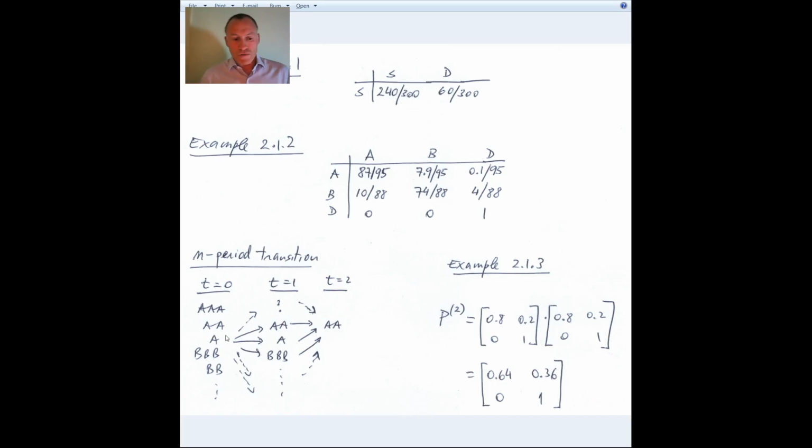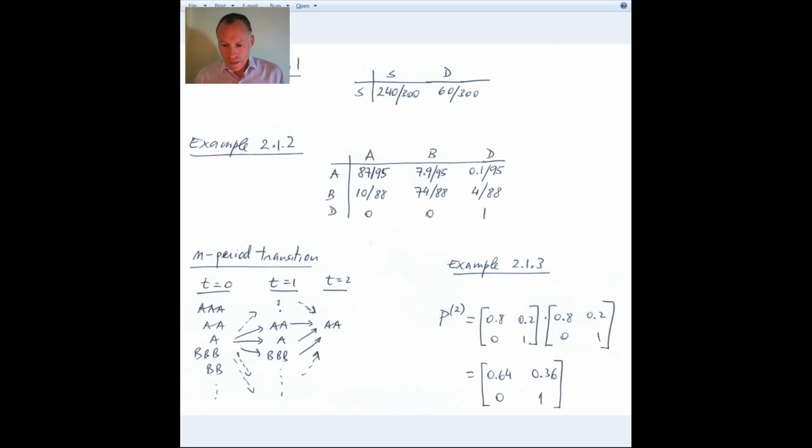So the probability of transitioning from A to double A in 2 years would be the sum of all these possible paths. You can sit down and carefully convince yourselves that the sum of all these paths can be easily obtained by doing the power 2 of the transition matrix.